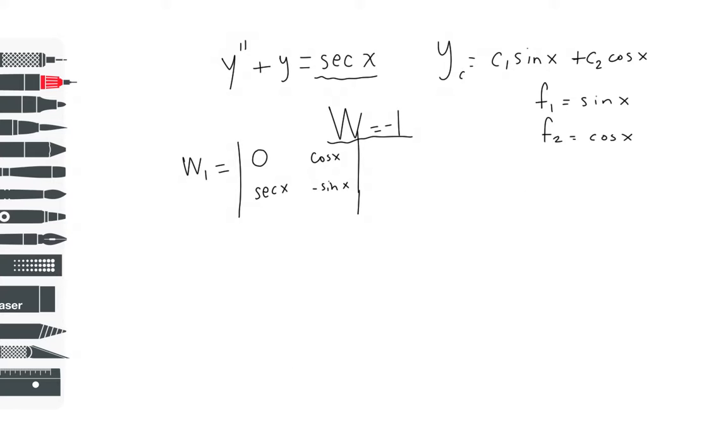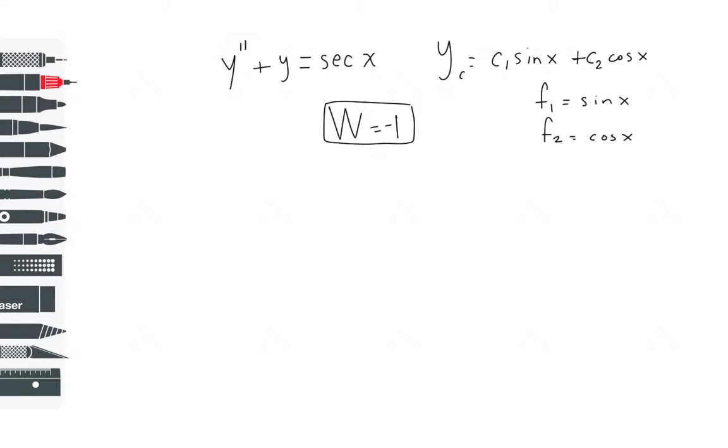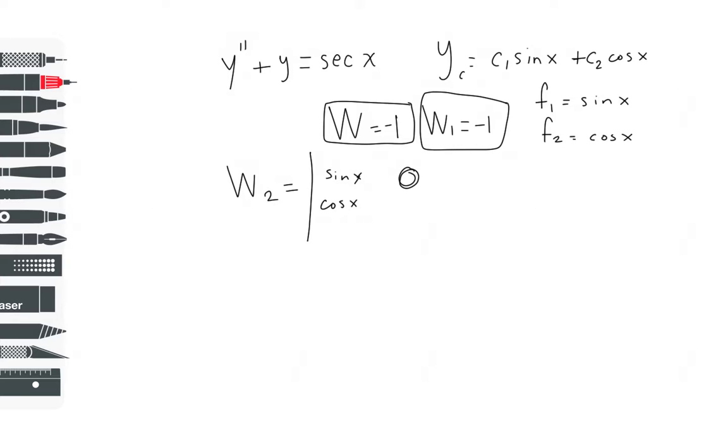Now that we got that, let me put this in a box: W sub 1 is equal to negative 1. And now we have to do one more Wronskian, and I'm going to show you where this is going. The second Wronskian has f1 here, and the derivative of f1, which is cosine of x. And then here we have a 0 and then f, and this f is the secant x, just like before.